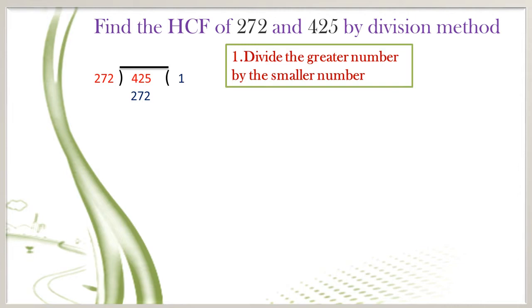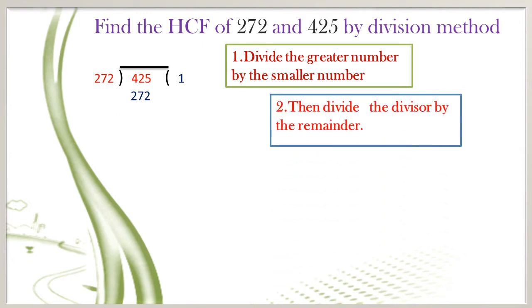So you multiply 1 into 272, we get 272. Now we subtract 272 from 425. The remainder is 153. Second step, divide the divisor by the remainder. Here we have 153 as remainder and the divisor 272 becomes the dividend.